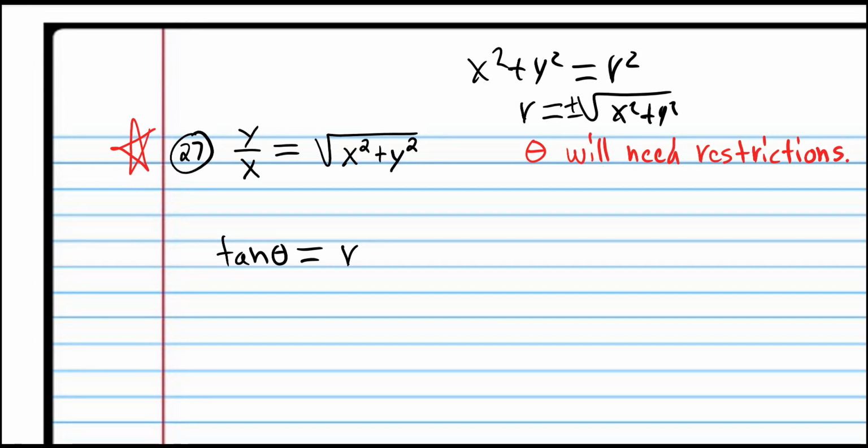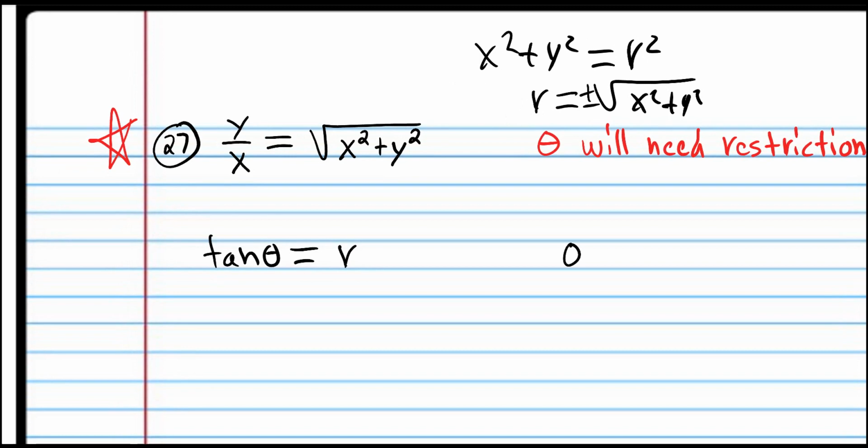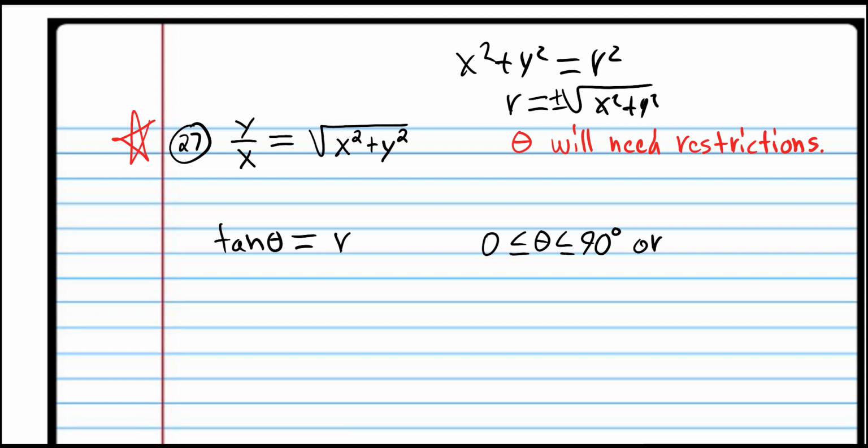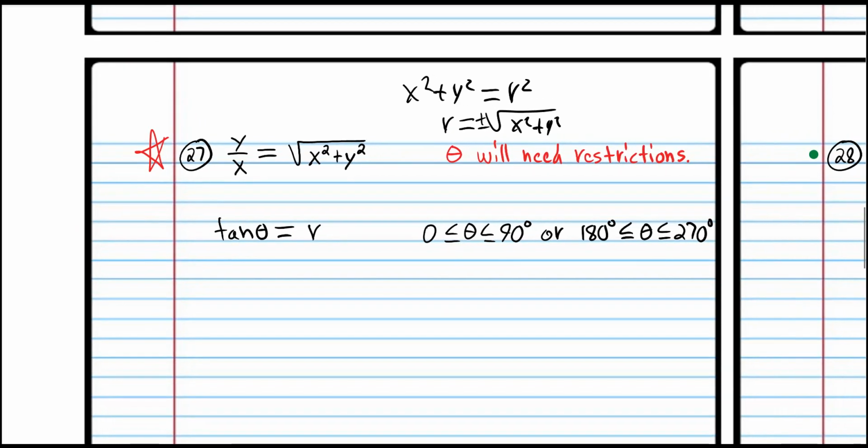So what do we do? Well, we'd have to restrict theta. Now, I'm not going to require you to do this, but in this case, theta would have to be between 0 and 90 degrees, or it'd have to be between 180 and 270. Now, how do we know that? Well, one way we can figure that out is by graphing the rectangular form and the polar form and comparing them.